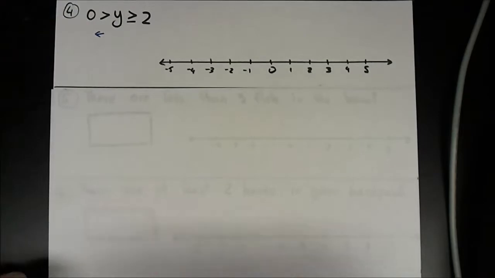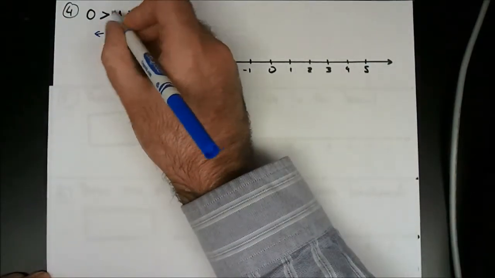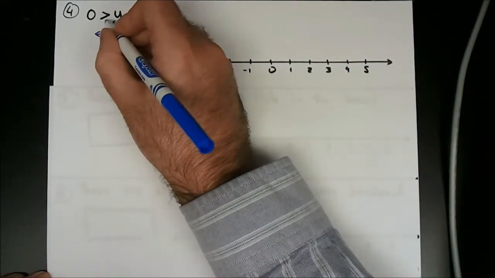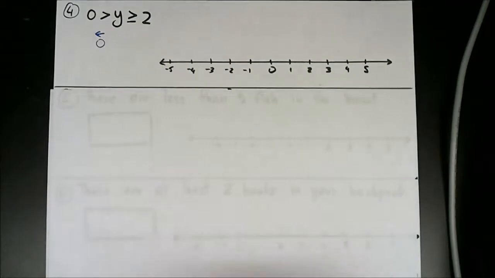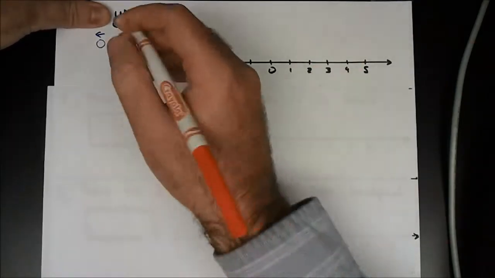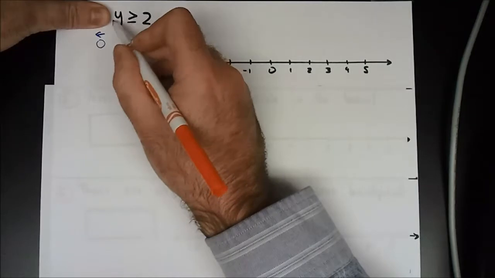Then, and this part, open or closed circle? This one, open or closed? Open. Now here, y is greater than or equal to -2. We have the big, or the blunt, end of the combo symbol pointing towards the y.